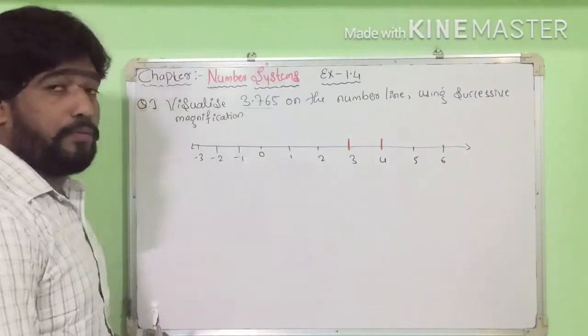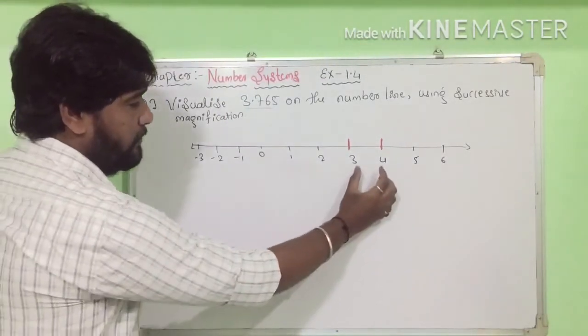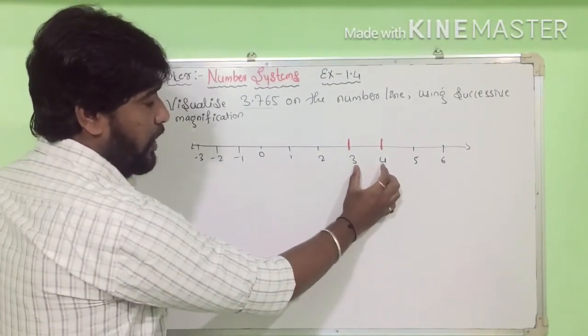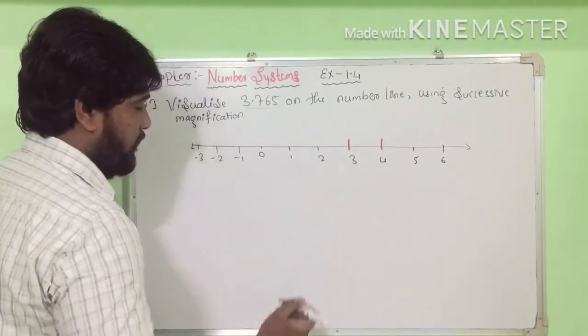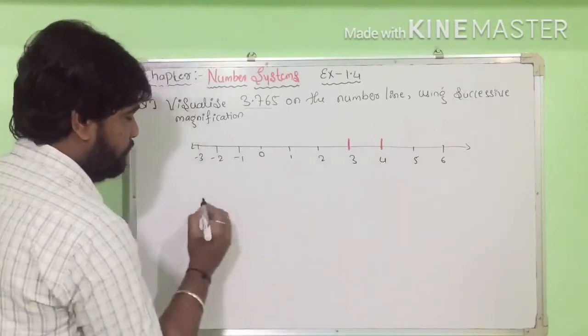So now magnify the interval between 3 and 4 and divide it into 10 equal parts. So now I will magnify it. It means make it large.